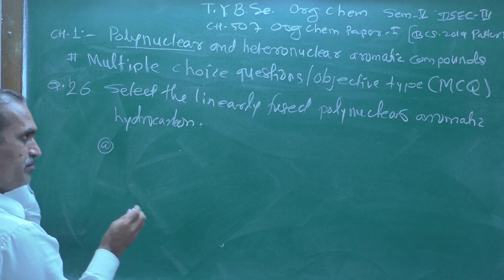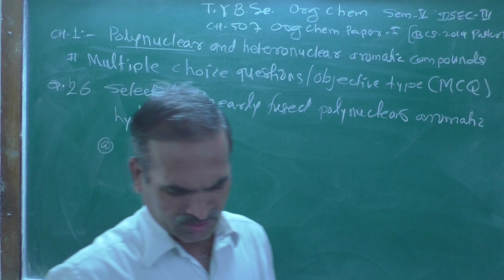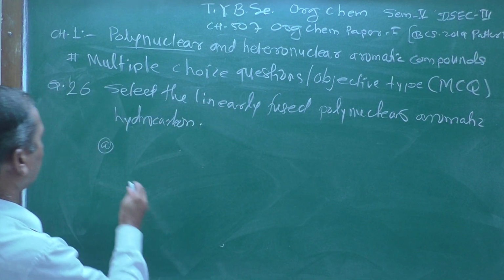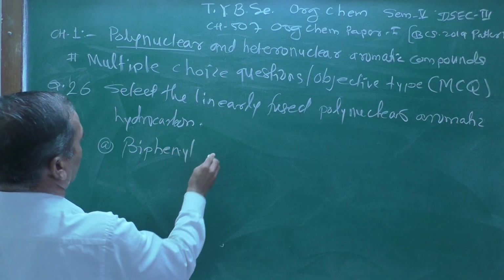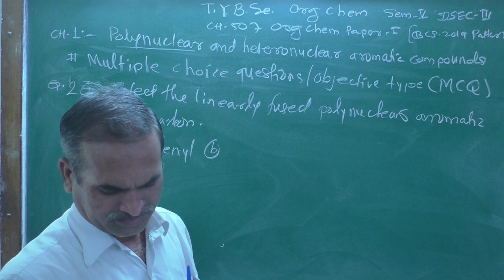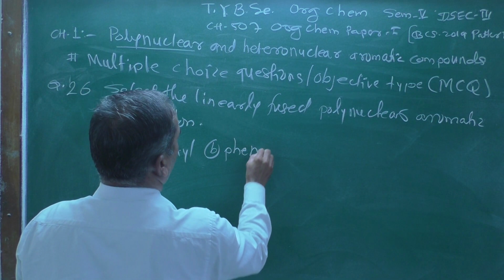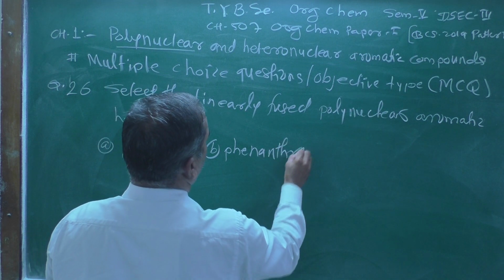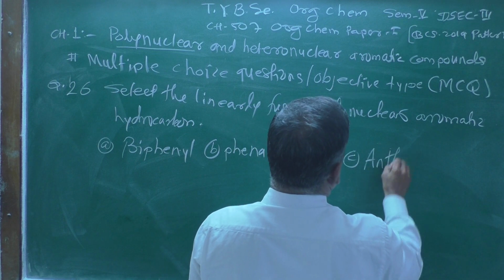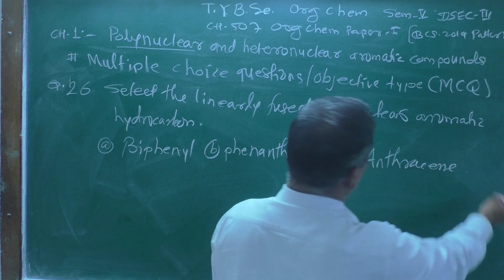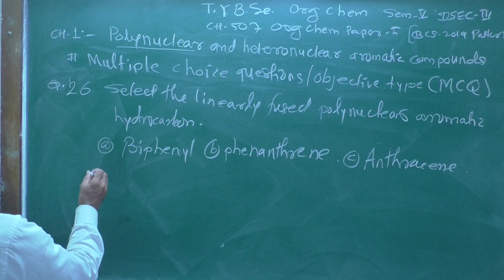Suppose A is biphenyl, B would be phenanthrene, C would be anthracene, and D will be all of these.